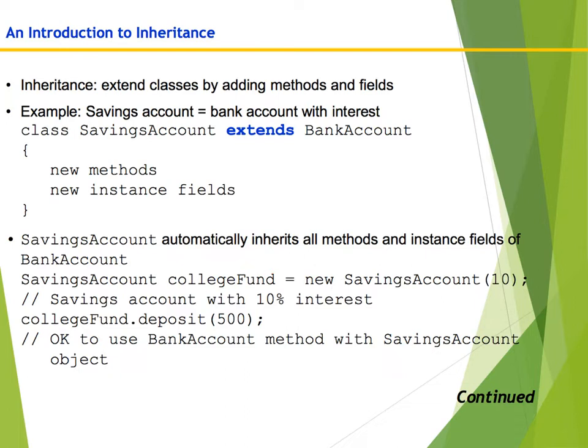And then after that, you can simply call the deposit method that exists for BankAccount. Since collegeFund, which is a SavingsAccount, inherits all methods of BankAccount, it is okay to use deposit with the SavingsAccount object.